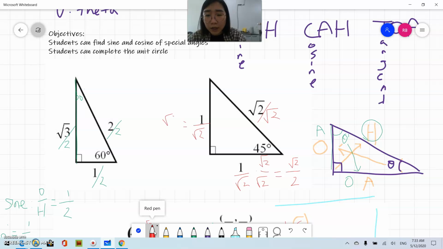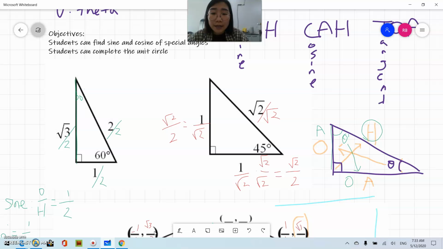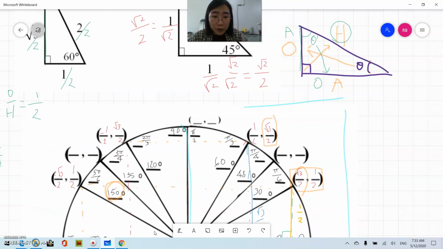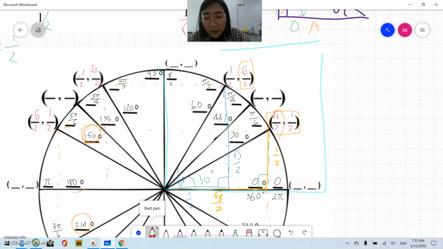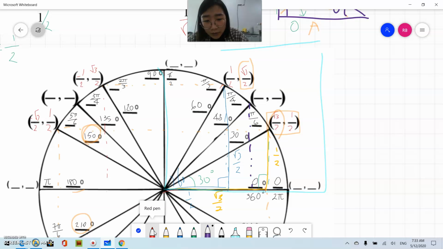And same thing with this guy. So this tells you that sine and cosine is both square root of 2 over 2. And what we saw here, that the distance from the origin to the x value was your cosine value, and the distance from the origin to the y value was your sine value.